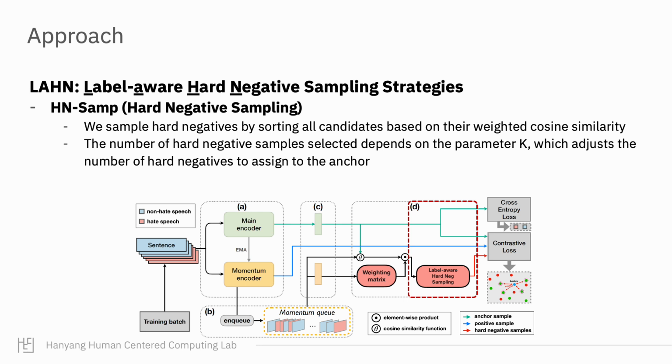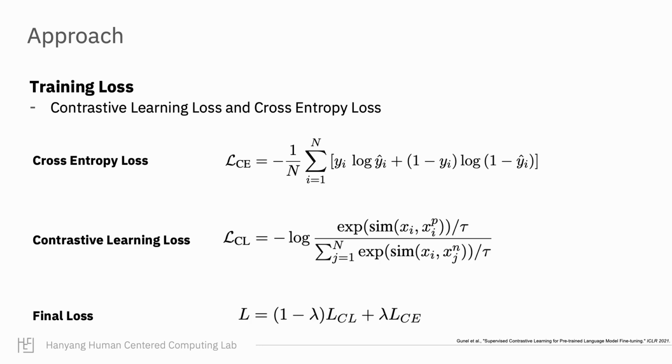We sample hard negatives by sorting all candidates based on their weighted cosine similarity. The number of hard negative samples selected depends on the parameter k, which adjusts the number of hard negatives to assign to the anchor. Using this framework, we can train the model with hard negative samples.